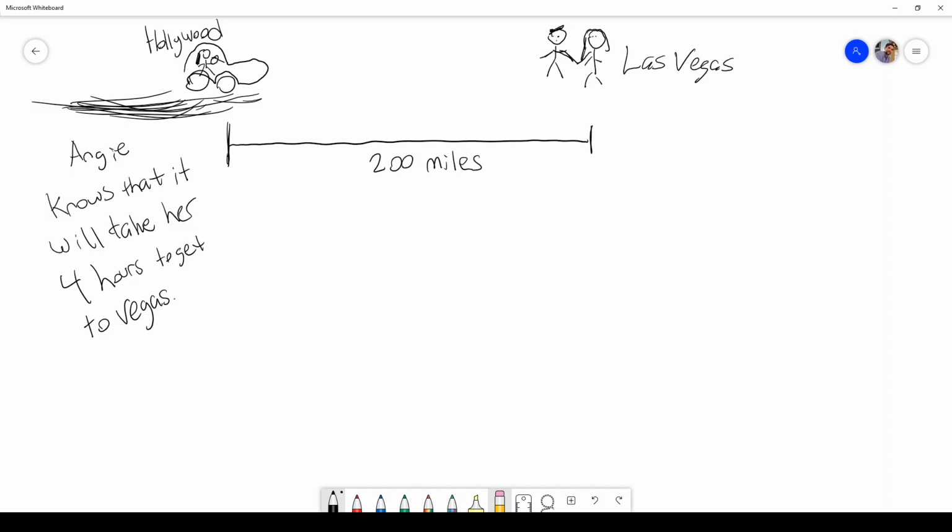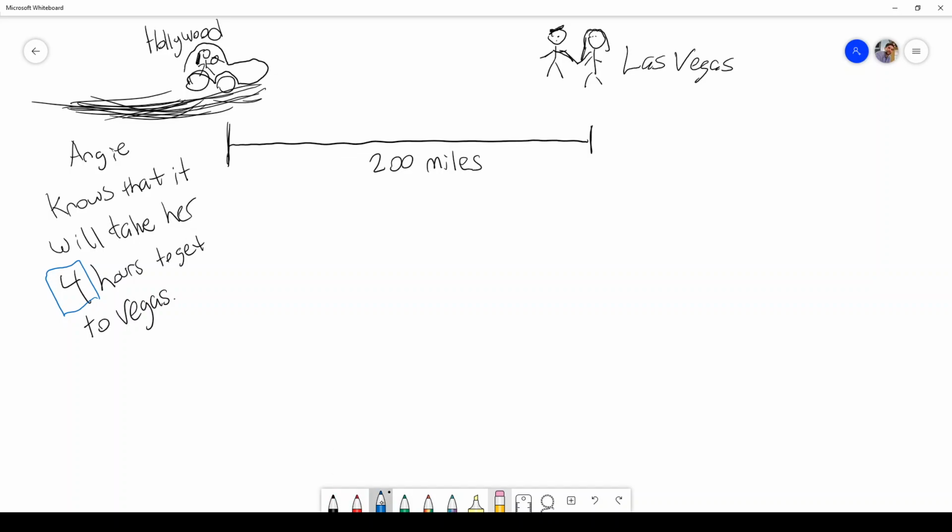Okay, she's driving at a constant speed. She's driving real fast because she's crazy. And she knows it's going to take her 4 hours to get to Vegas. And she has to travel 200 miles.